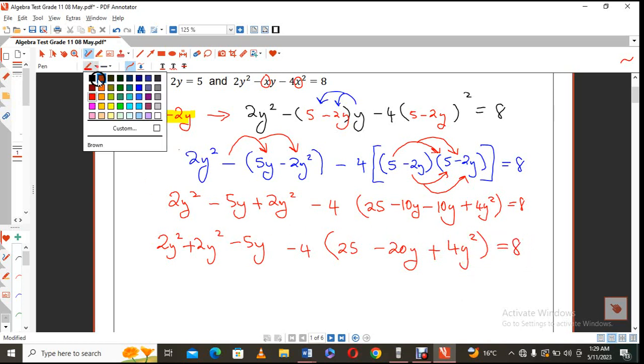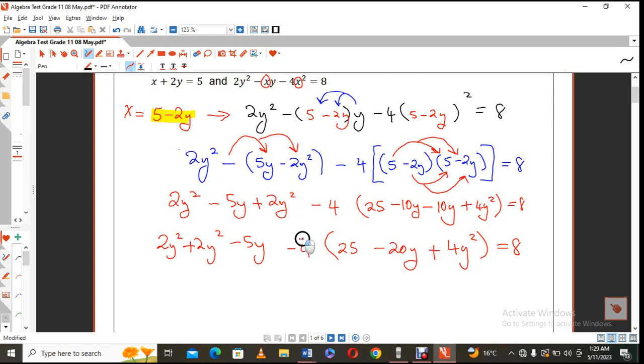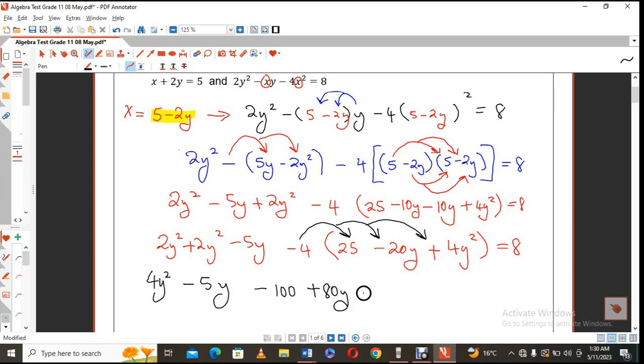The next order of business would be for me to multiply each term in this bracket by that negative 4. So this here gives me 4y squared, collecting like terms over there. And negative 4 times 25 is a negative 100. Negative 4 times a negative 20, very careful, it's positive 80y. A negative times a positive is a negative. 4 times 4y squared is 16y squared equals 8.